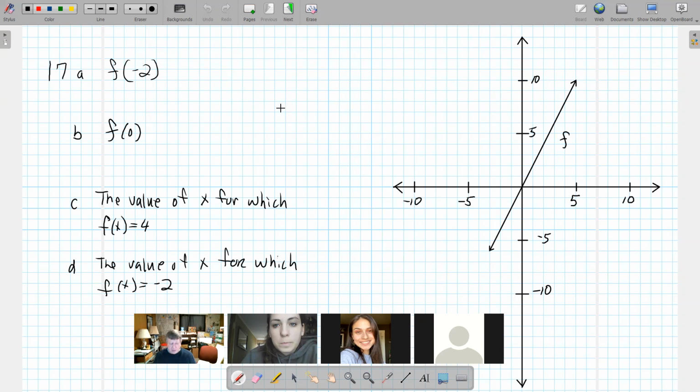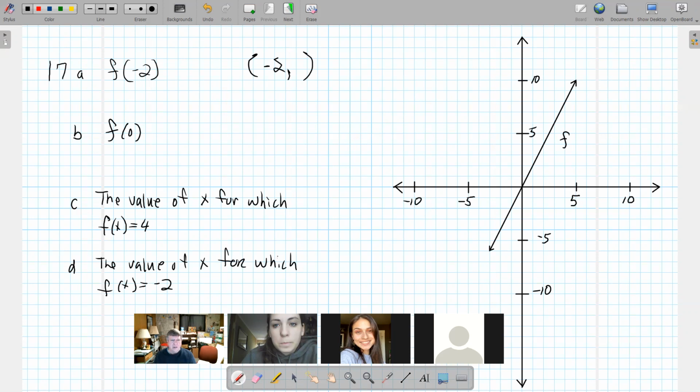F of negative 2 is like saying, complete this ordered pair, -2, comma, whatever.